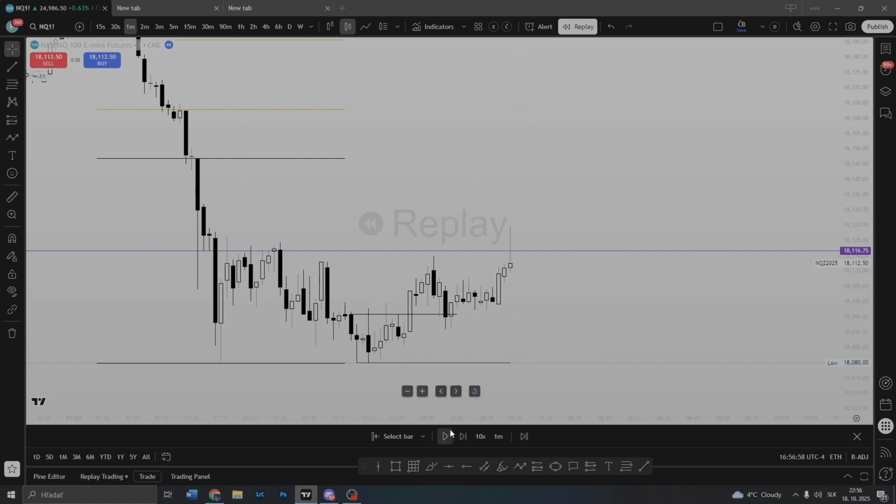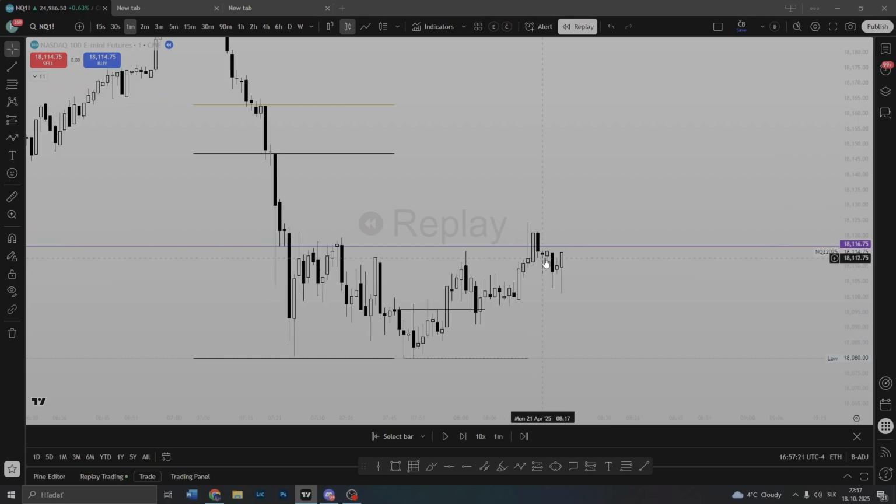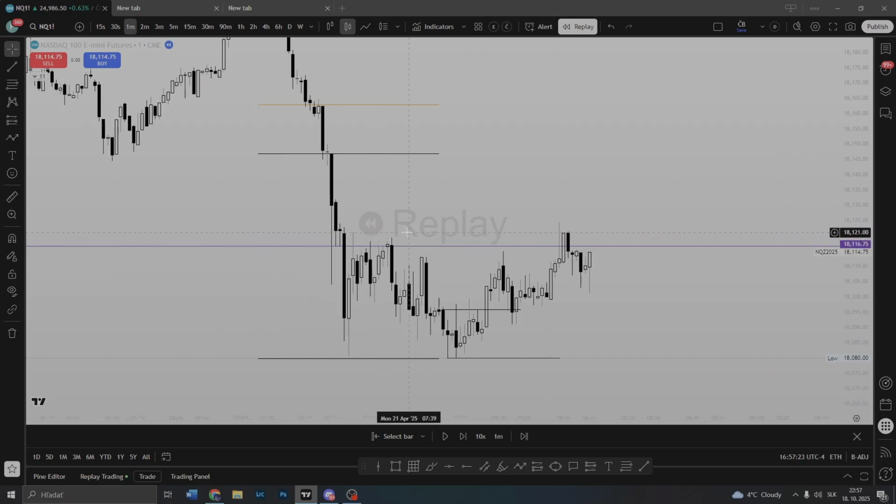We are sweeping the highs. Strong closure above the highs. Okay. What happened right now, basically, we just took the internal high right here of that 735 candle.